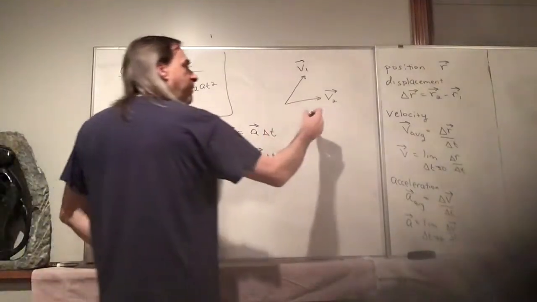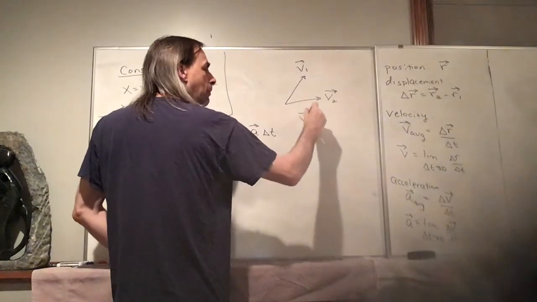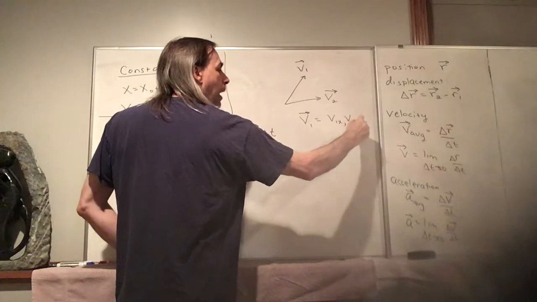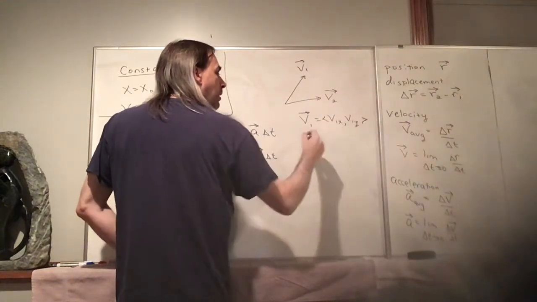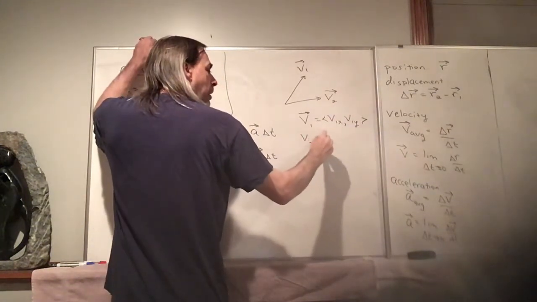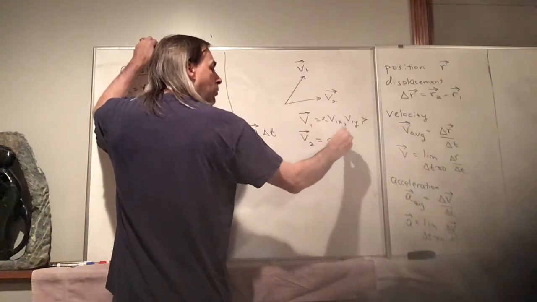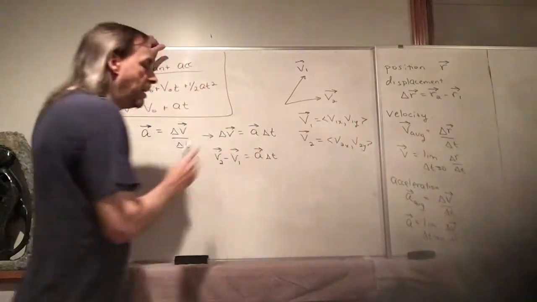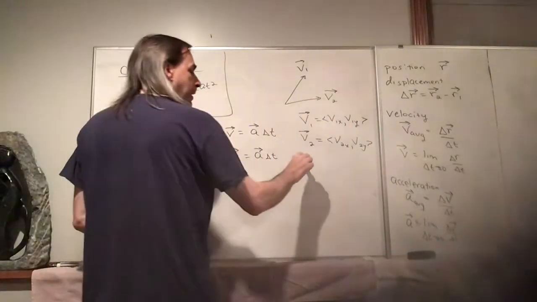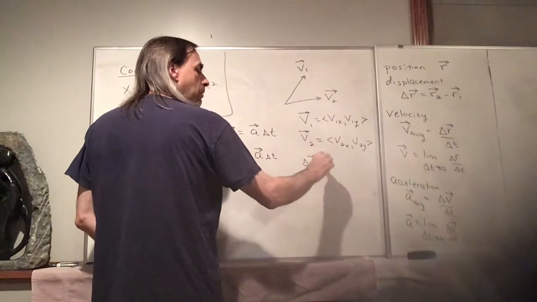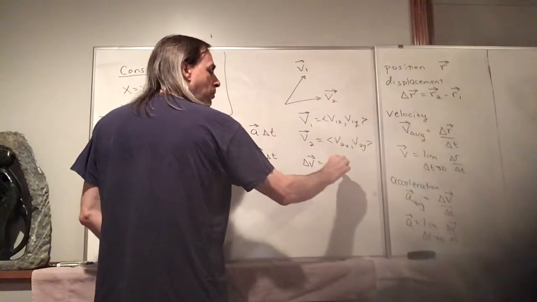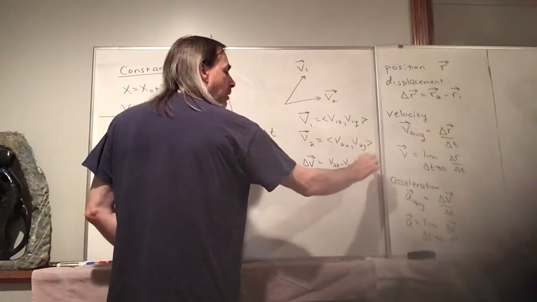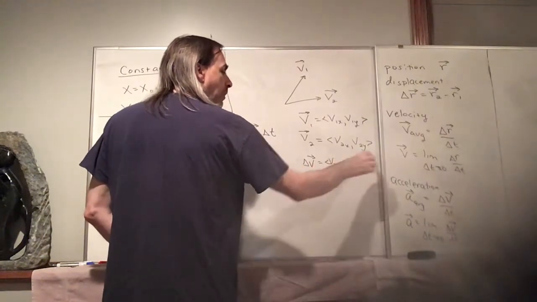But like v1, we can say that's v1x and v1y. And v2 has components we'll call v2x and v2y. And so delta v, when we subtract these, we have v2x minus v1x and v2y minus v1y.